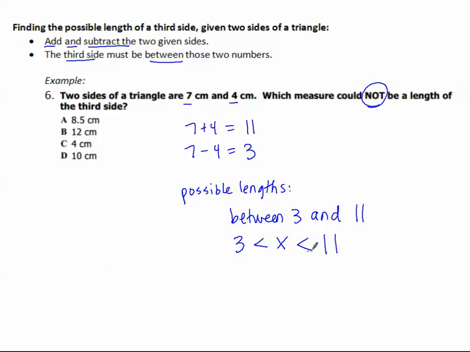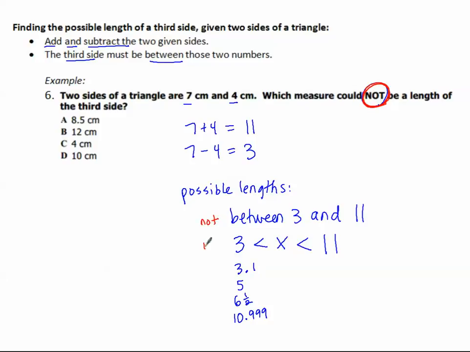So any possible lengths between 3 and 11: 3.1, 5, 6.5, 10.999. Anything between those is a possible answer. Now remember, this one said which could not. So we're looking for the answer that is not between 3 and 11.